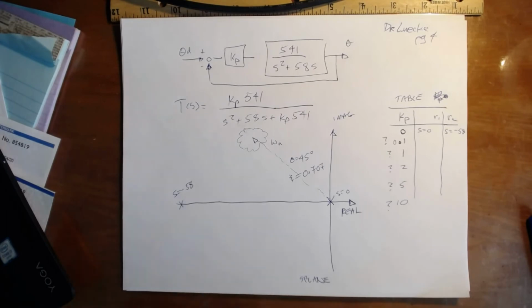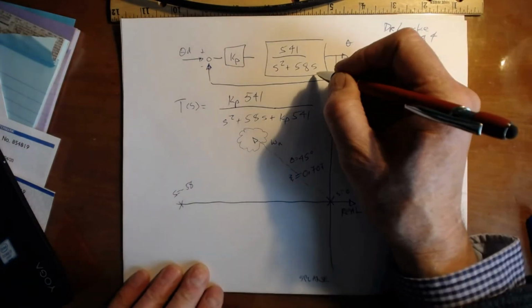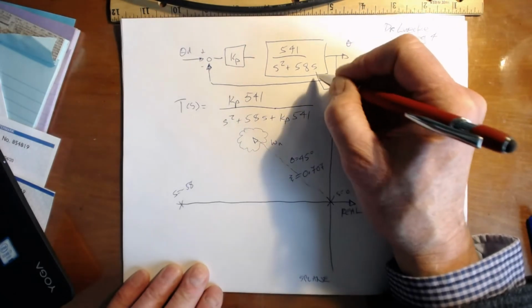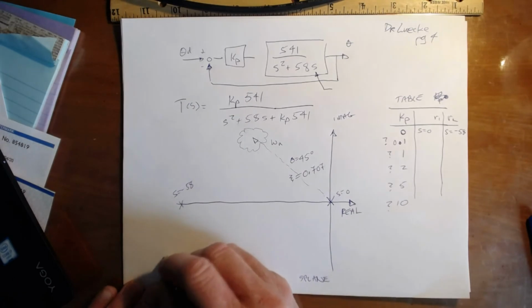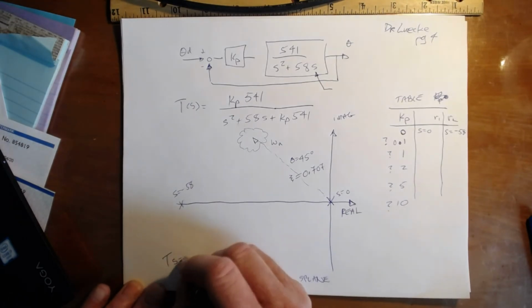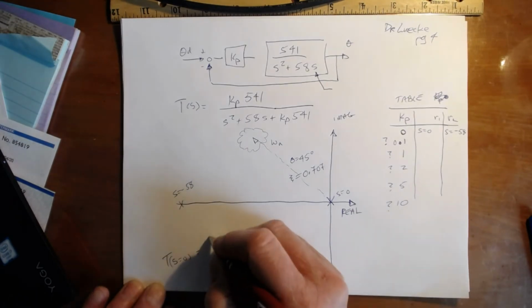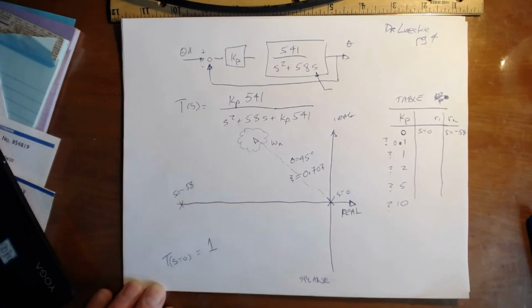And what I'm going to see is that because there's a free integrator in here, that means that the steady state error, T of s equals 0, is equal to 1. Why is that important?